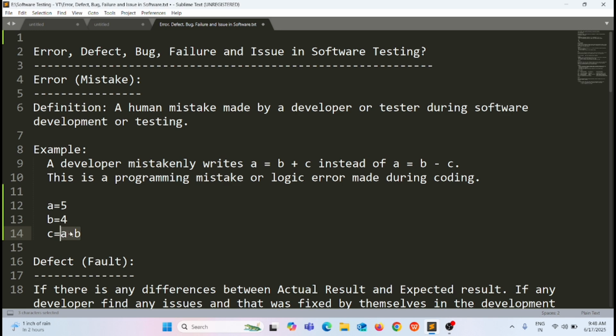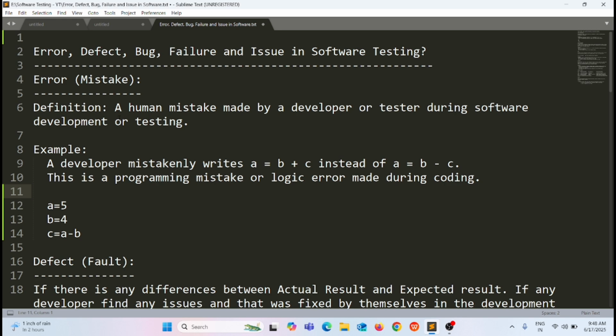That means I have made some mistake when doing the development or at the time of testing. Maybe as an automation tester I have to write the code, and at that time also we can make some mistake. Any manual tester can also make mistakes. I am just giving you an example as a development.